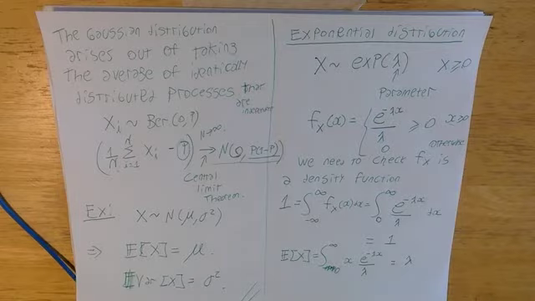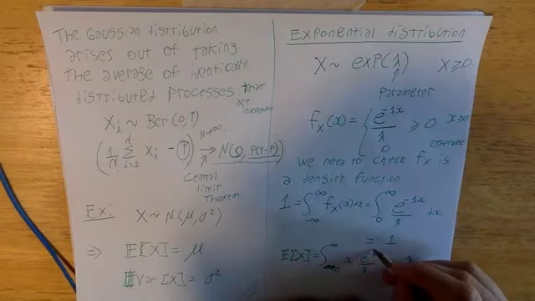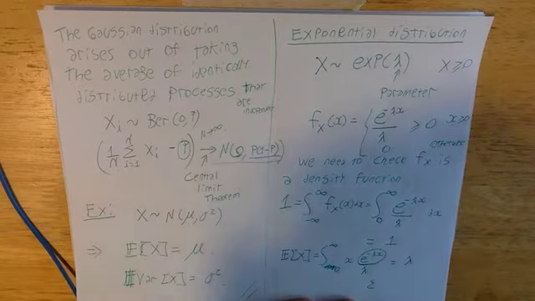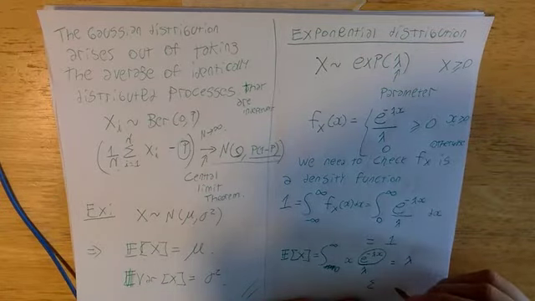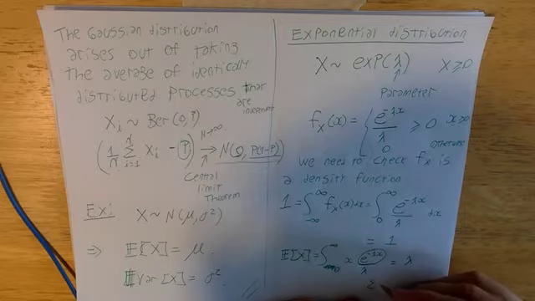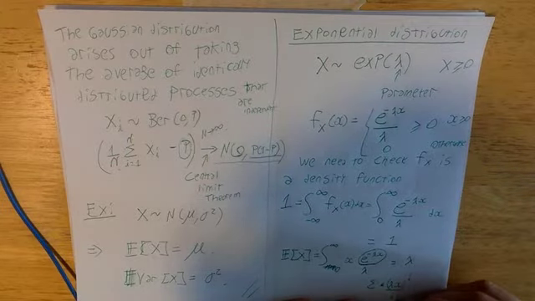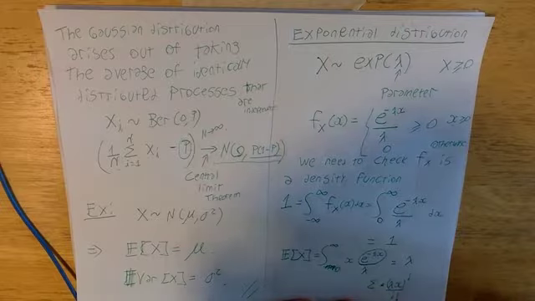Okay, so a way of doing this is by considering this and writing it as lambda x to the i over i factorial, and then multiplying by x.